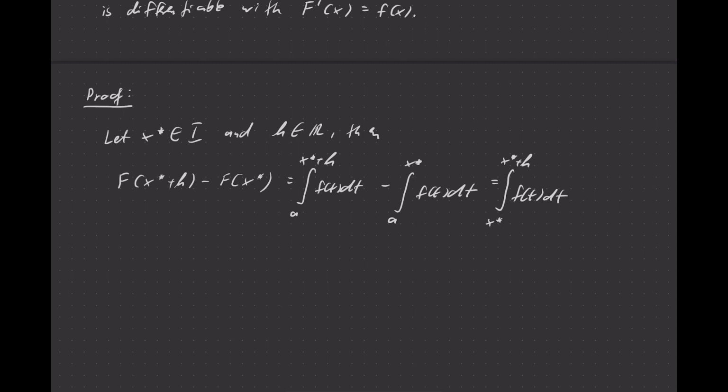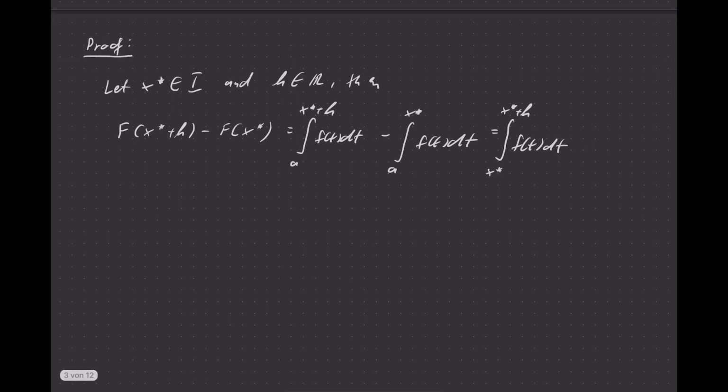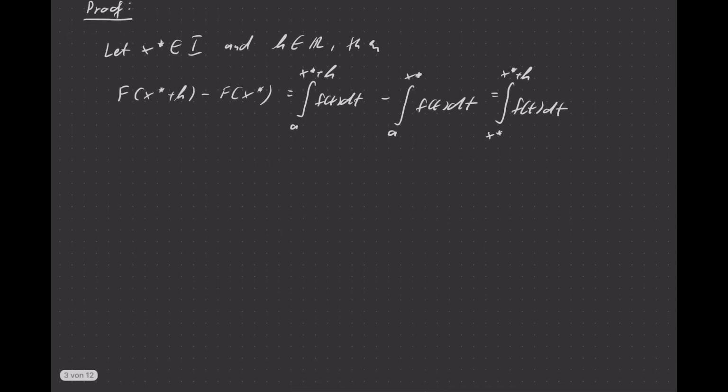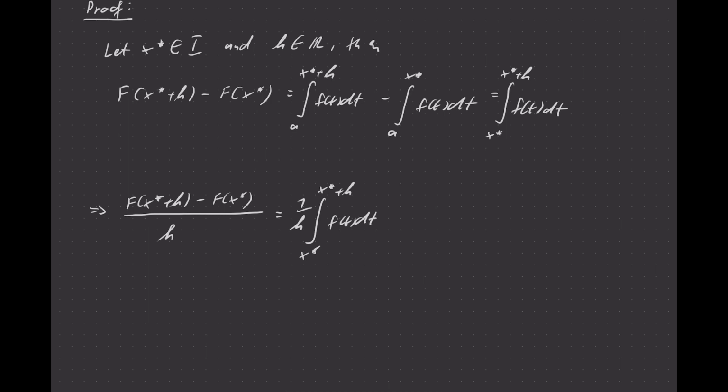So now looking at the difference quotient, F of x star plus h minus F of x star divided by h. This is then, of course, just 1 over h times this integral from x star to x star plus h of f of t dt.